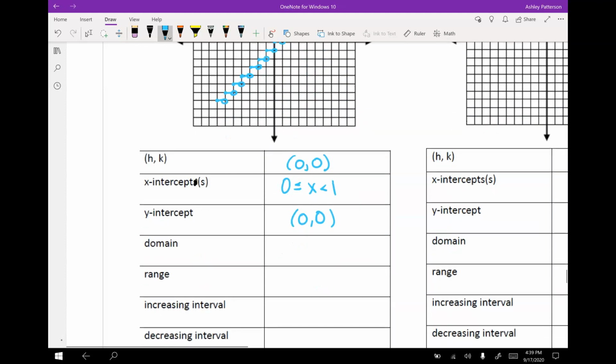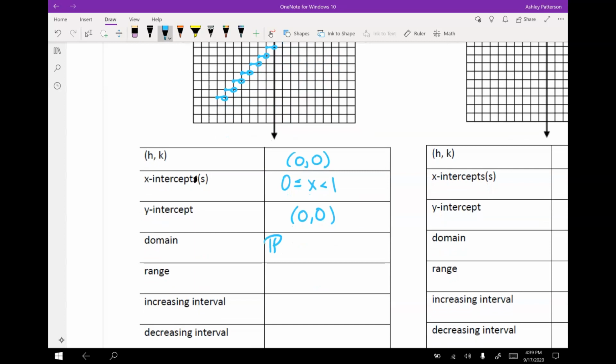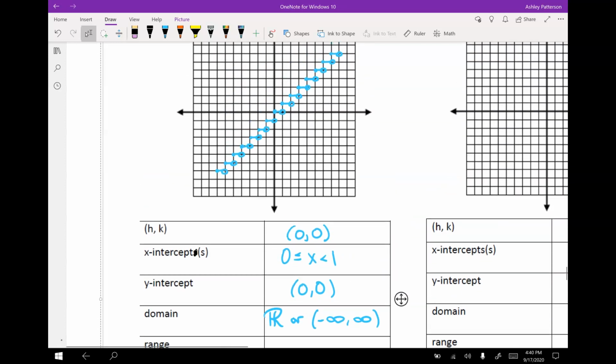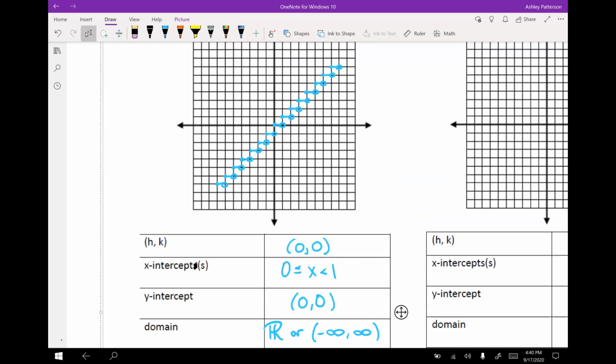The domain is certainly all real numbers. There isn't any value that we could substitute in for our x input and not get a corresponding y value. So we say that it's from negative infinity to infinity. The range. Now the range is steps, right? And so there are these big gaps in between. What the heck? There's nothing there.